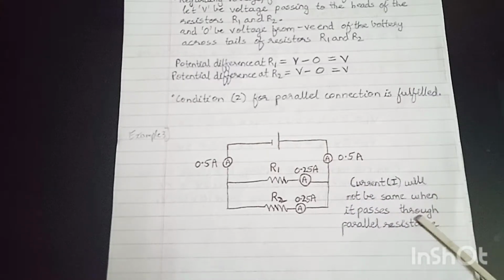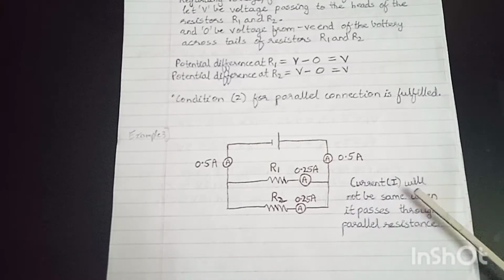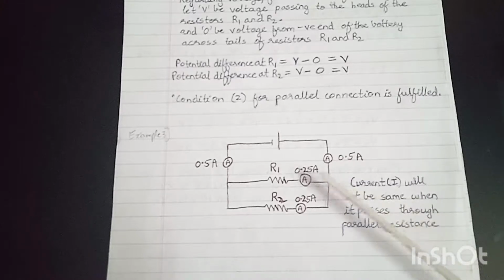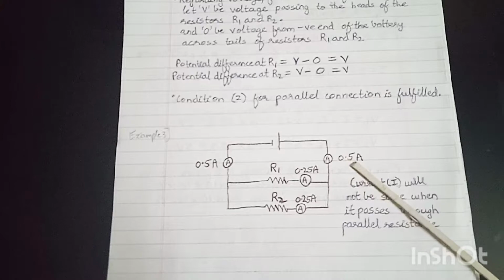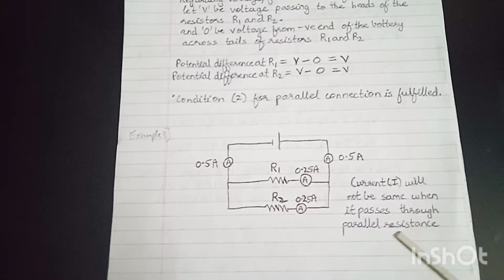What you need to understand here is the current. You can see the current will not be the same. If the current flowing from here is 0.5 amperes, it will not be the same when it passes through the parallel resistance. You have to keep this in mind always.